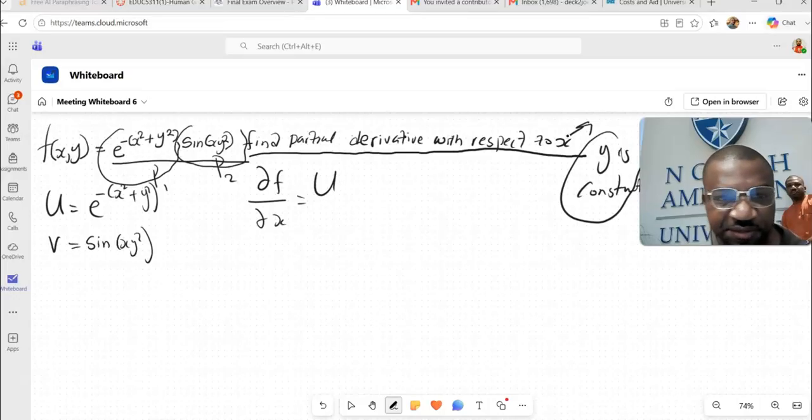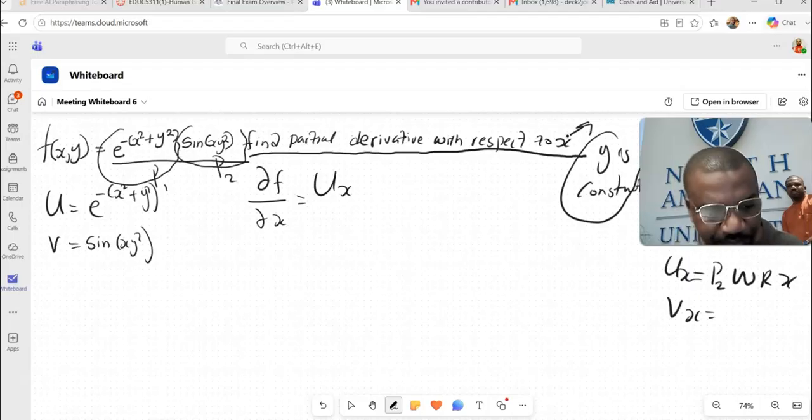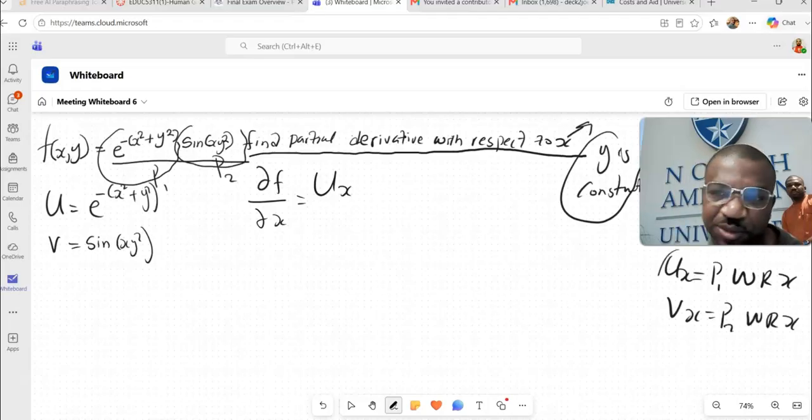Let me write it somewhere here: Ux is the partial derivative for product 1 with respect to x, and Vx is the partial derivative for product 2 with respect to x.